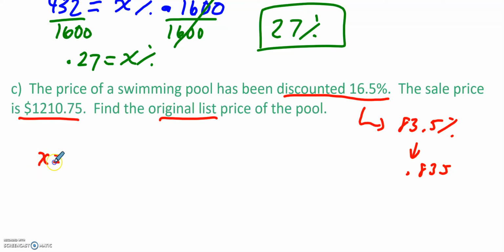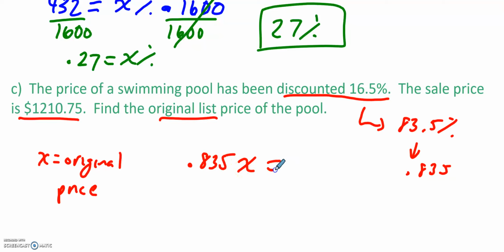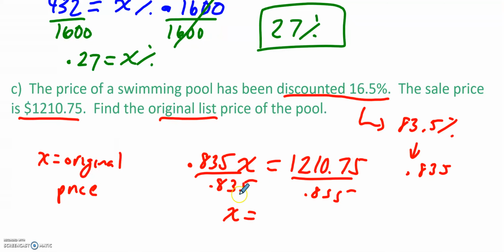So if I call x my original price, which is what I'm looking for, I say that I paid 83.5% times the original price, and that would have to equal the sale price. If I divide by 0.835, my answer is $1,450.